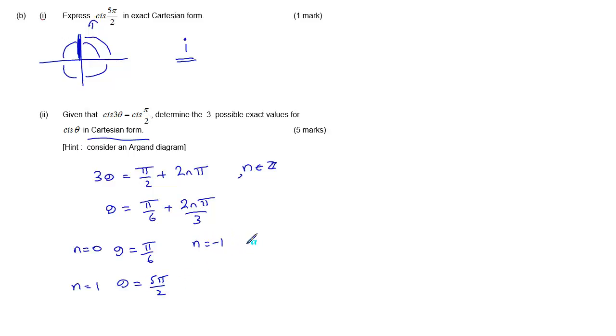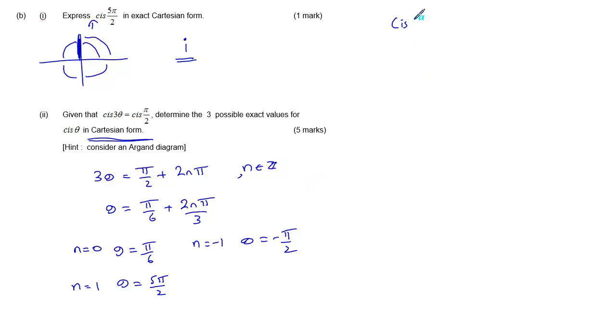n equals negative 1 would give that theta is pi by 6 take away 2 pi by 3. So that's pi by 6 take away 4 pi by 6. So that's negative 3 pi by 6, which is negative pi by 2. Now, we wanted Cartesian form.